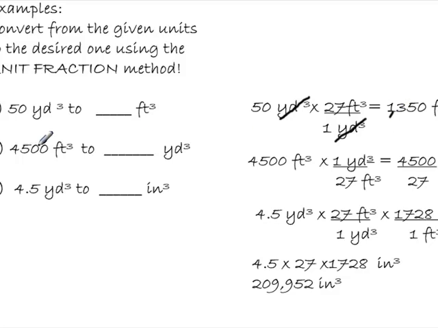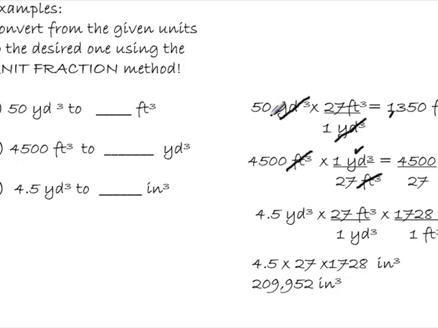That's the first one. The next one is the reverse. I want to go from cubic feet to cubic yards, so I start with my 4,500 cubic feet. This time I used the unit fraction 1 cubic yard for every 27 cubic feet, because I want to get rid of the cubic feet. They cancel from numerator and denominator, and I'm left with cubic yards.